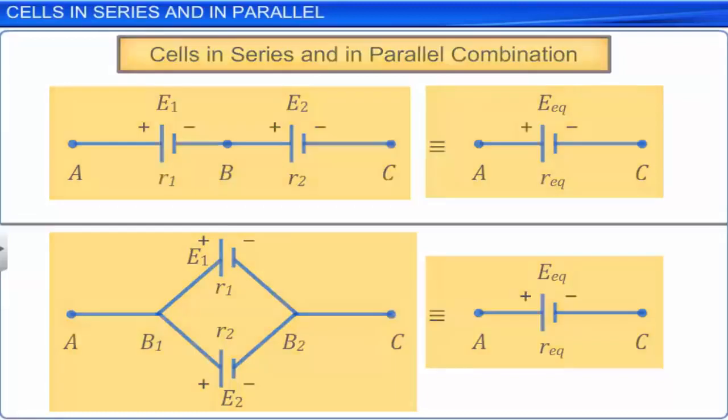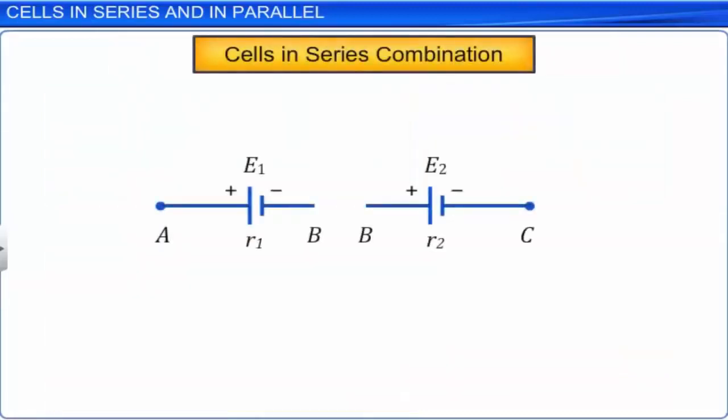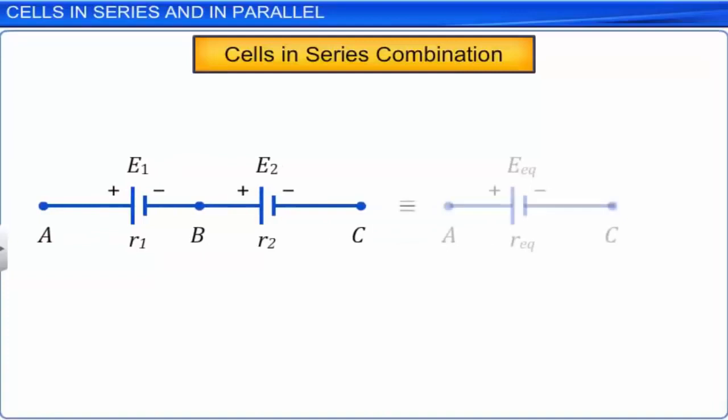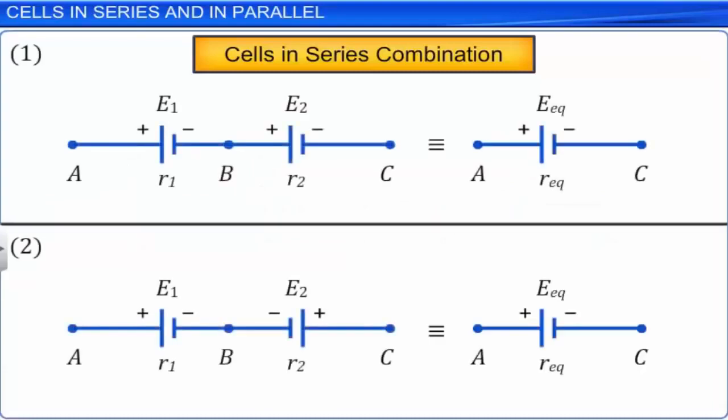First, let us consider a combination of two cells that are connected in series. One terminal of each cell is joined together, leaving the other terminals of the two cells free. There are two ways to make a series combination of two cells.